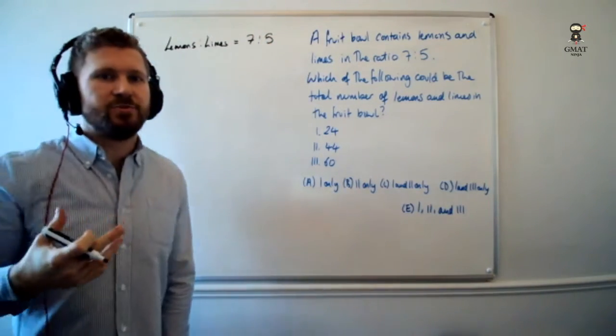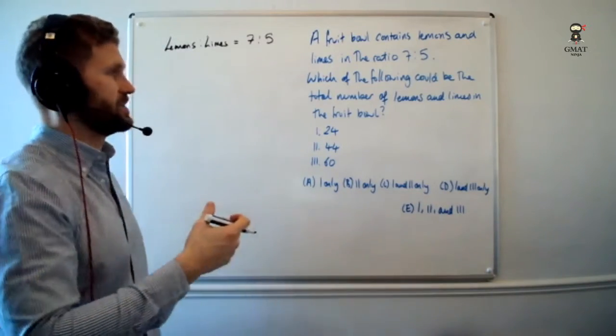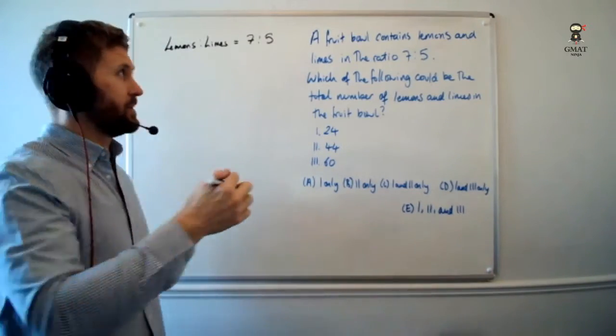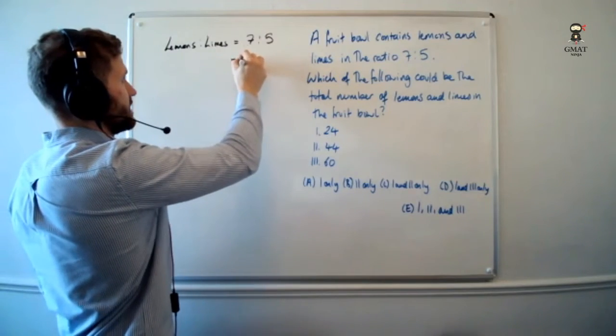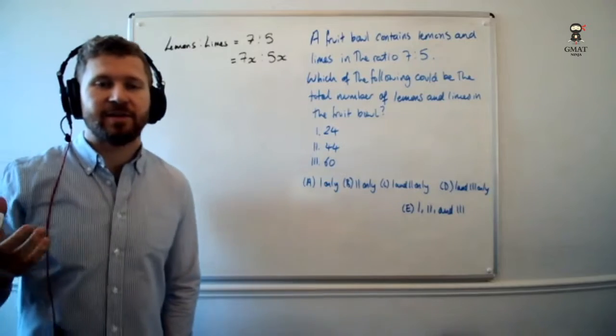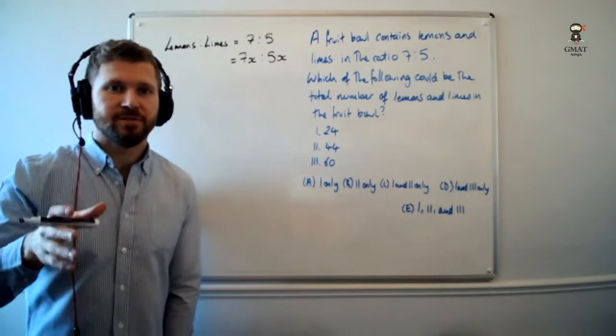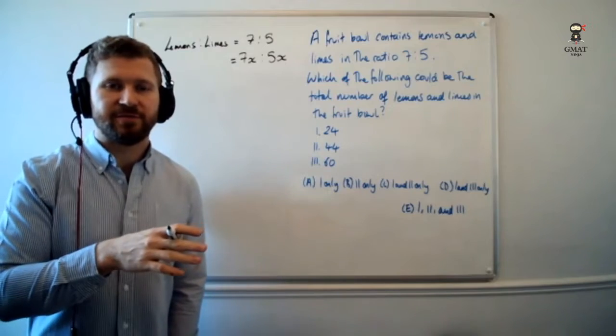But what I can do is introduce some algebra to represent the actual number of lemons and limes. As I say, I don't know how many there are in total, but if I include a variable, x, there, 7x to 5x still keeps the initial ratio. It still means that my ratio of lemons to limes is 7:5.